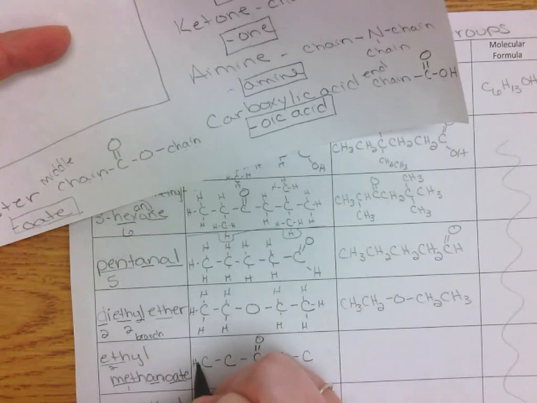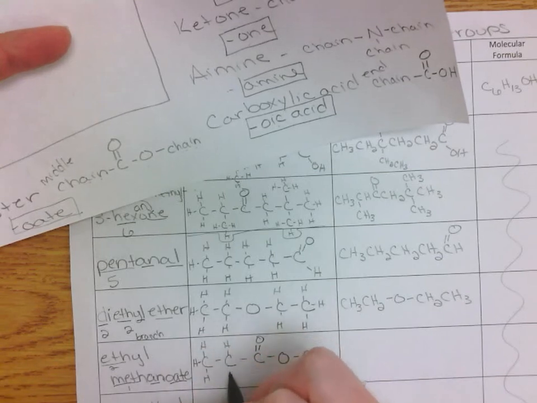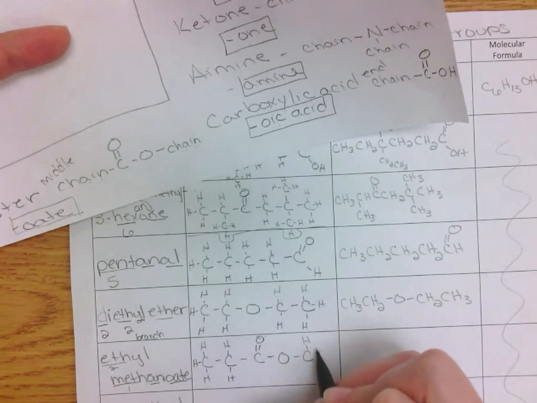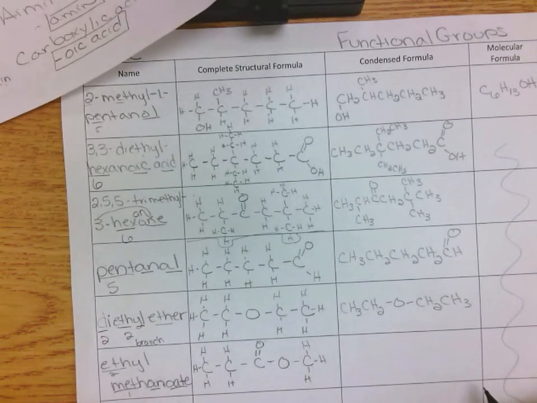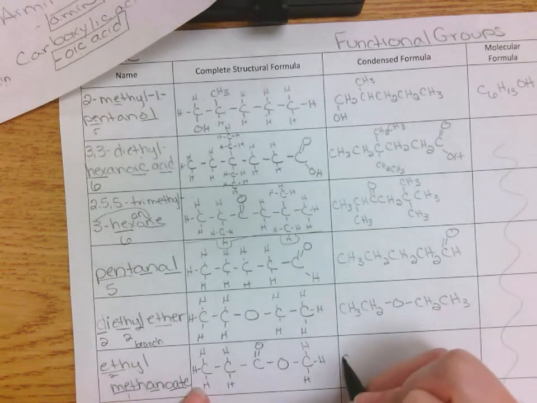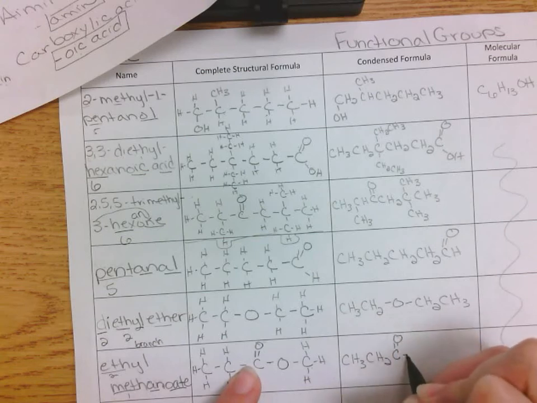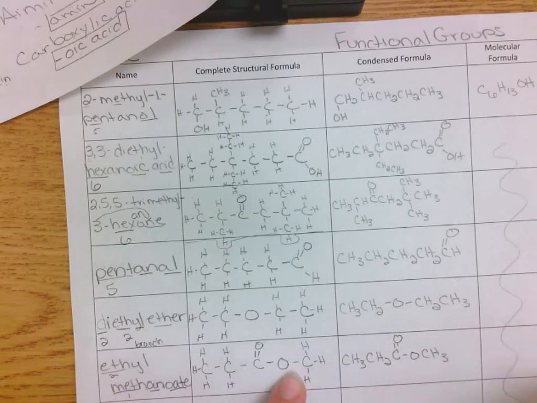So now fill in hydrogens. This carbon has 1, 2, 3, 4 bonds. This one only has 1. Right, so now a condensed version. CH3, CH2, carbon with a double bond oxygen, single bond oxygen, and then a CH3.